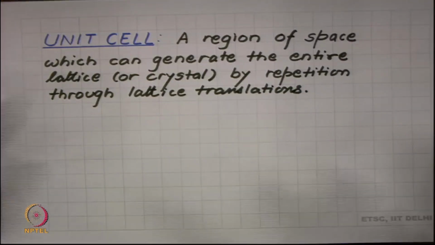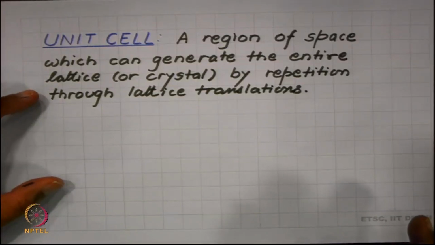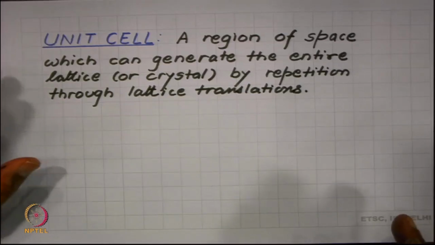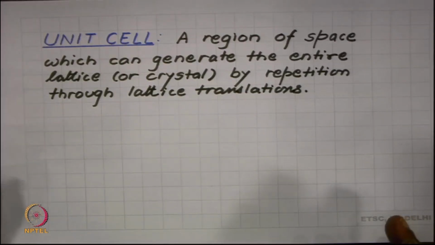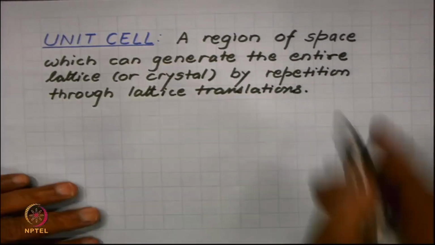So, a connected region of space which can generate the entire lattice by repetition through lattice translation will be called the unit cell. The unit cell can be either of lattice or of crystal.